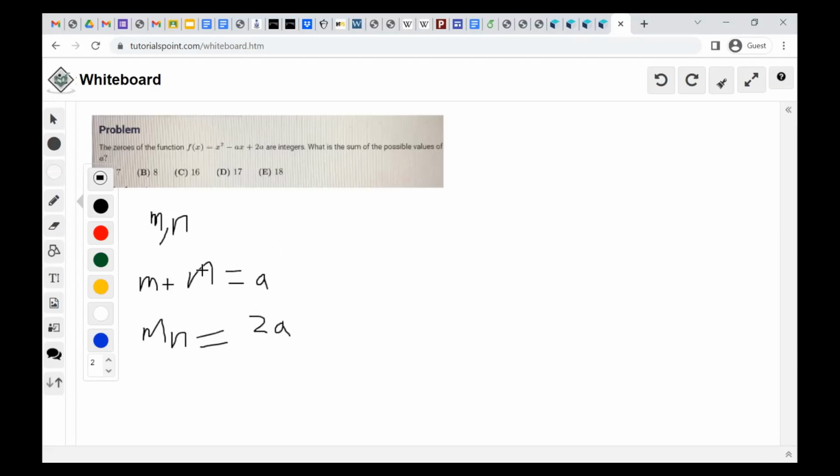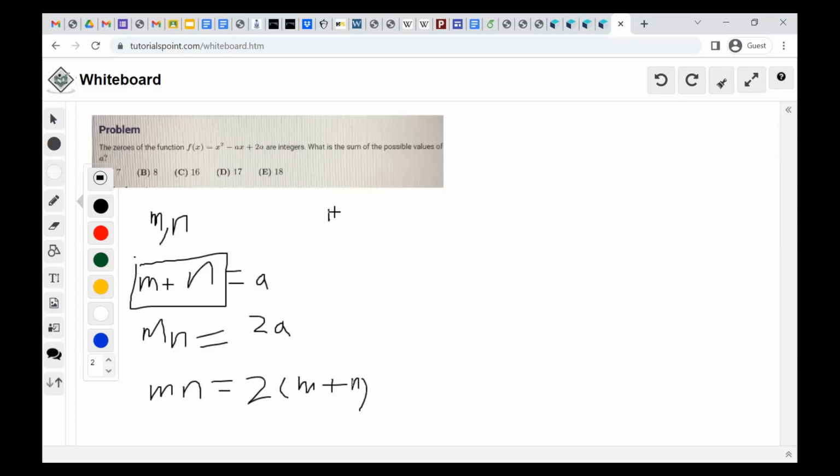Then we want to find the sum of all possible values of a. However, the trick here is that if we multiply this entire equation by 2, we get 2a here, and mn equals 2a. So that means mn equals 2 times (m plus n).